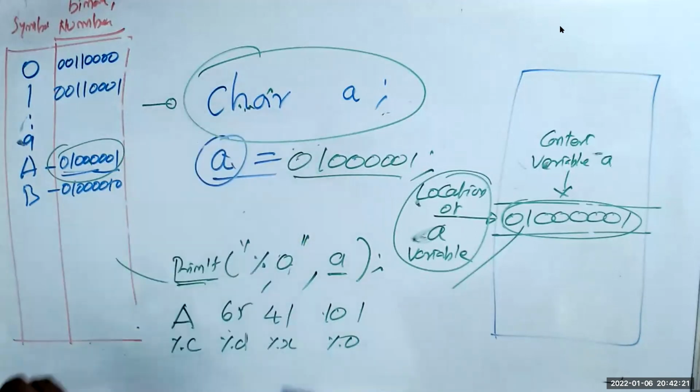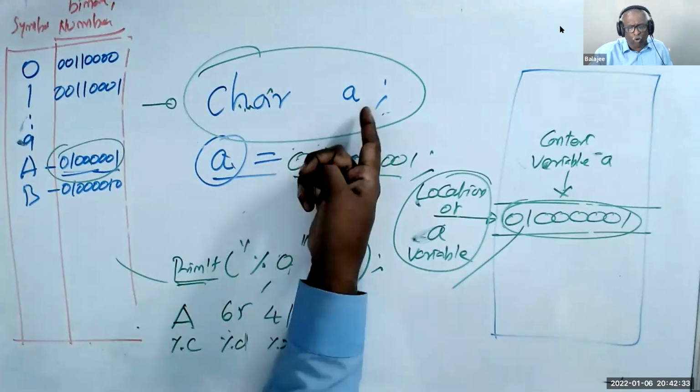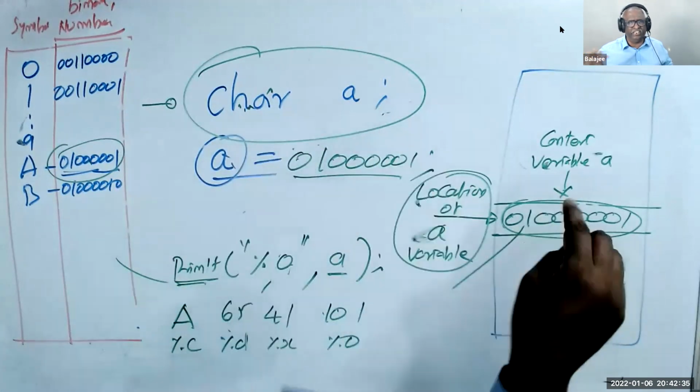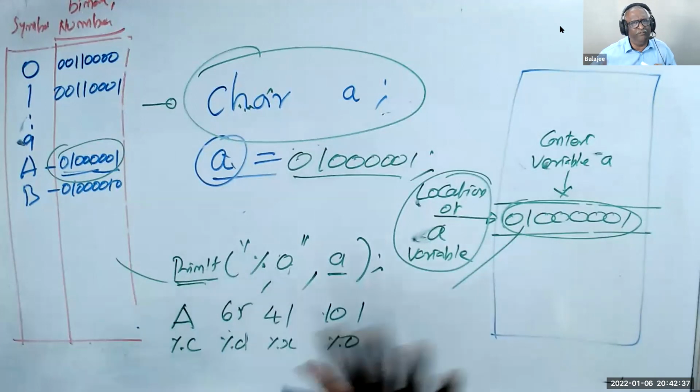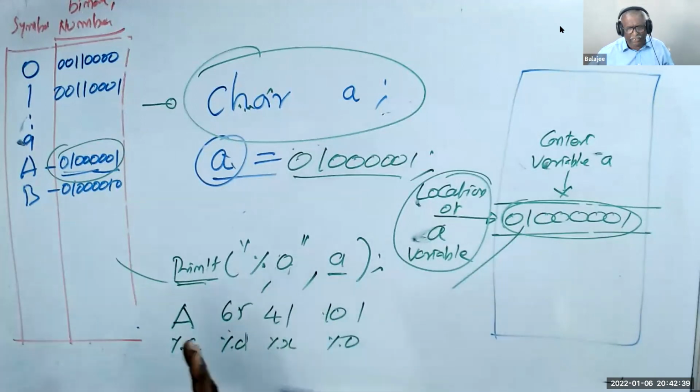C has only two types: float and integer. So whatever you store will be only binary in C. This is a very low level language.